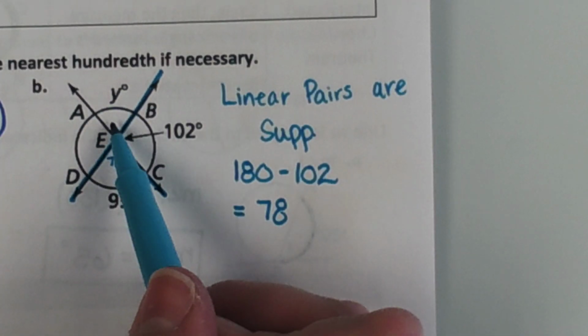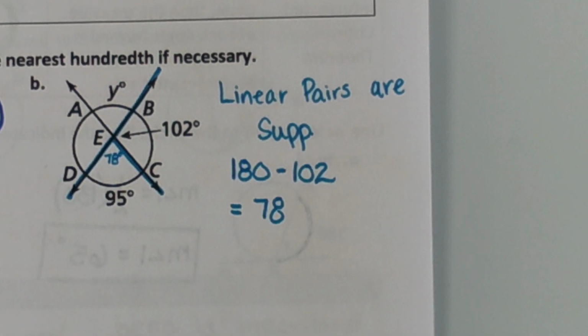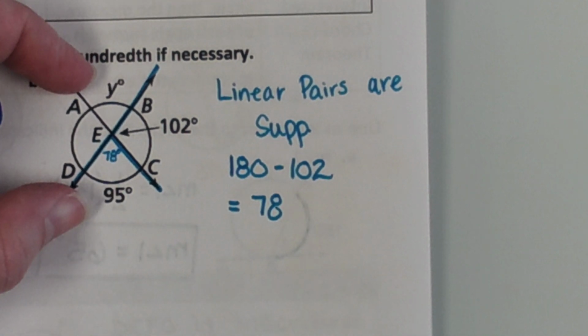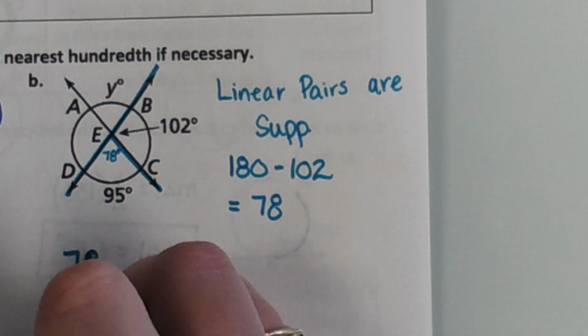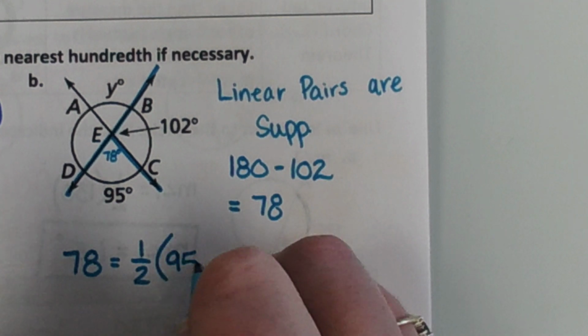I could have technically done this one too, which is also 78. Does the 78-degree angle go with those two arcs? Yeah, now we got the matching ones. Angle equals 1/2 the arcs added together, 95 and y.